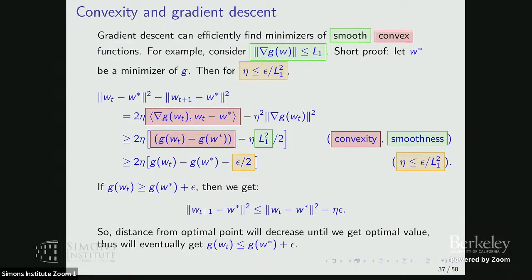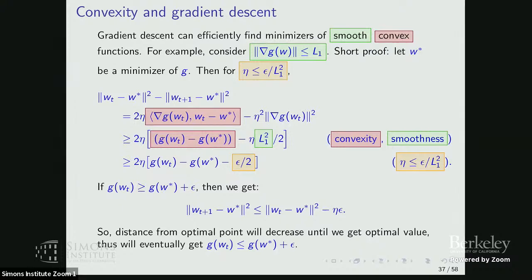The way we'll show that gradient descent finds minima is to look at the distance between W_t, the weights found at time t, and some fixed predictor W star, which achieves the global minimum value. If you just expand the square, you get 2 times the cross term, eta times the gradient inner product with W_t minus W star, minus eta squared times the norm of the gradient squared.